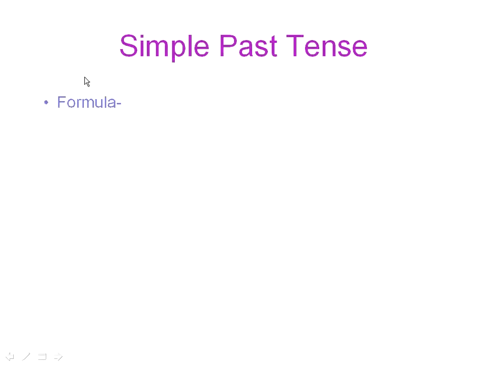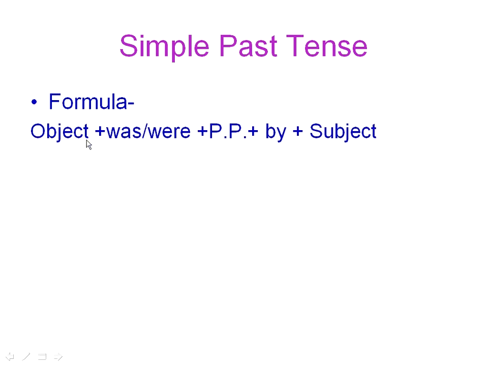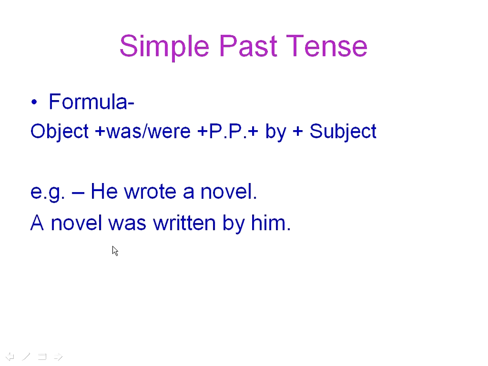When the sentence is in simple past tense, we have to use this formula: object plus was, were, plus past participle of the verb, plus by, plus subject. For example, he wrote a novel. And the answer is, a novel was written by him.